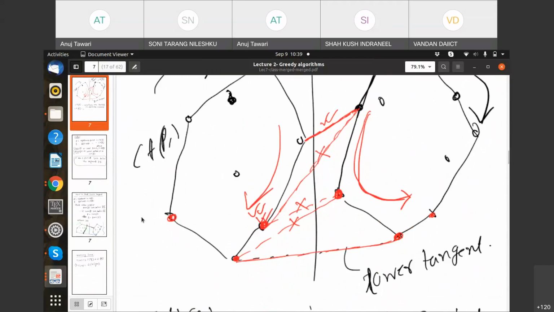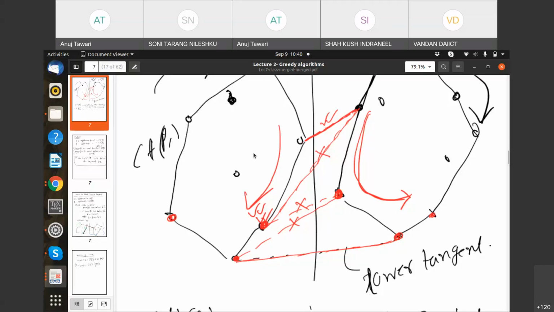Jarvis' idea was to take the leftmost point. So it is just a shift of coordinates. Instead of y-axis, you're looking at the x-axis. And he took this point. The next point which is connected to it, you can find in big O of n time.